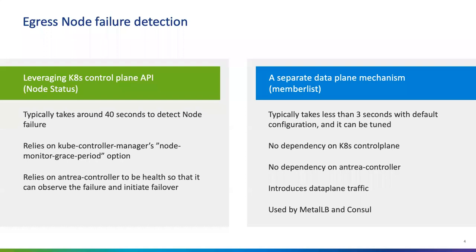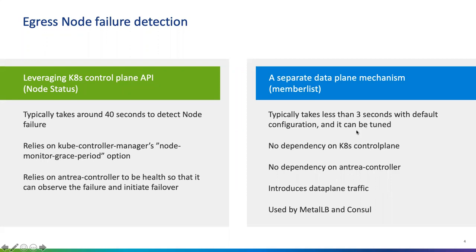In memberlist, it will use some gossip-based protocol to probe other members' health, and they will report the node failure to each other and to other peers, and finally the whole cluster will get the same status. Typically it takes less than 3 seconds with default configuration, and this can be tuned too.